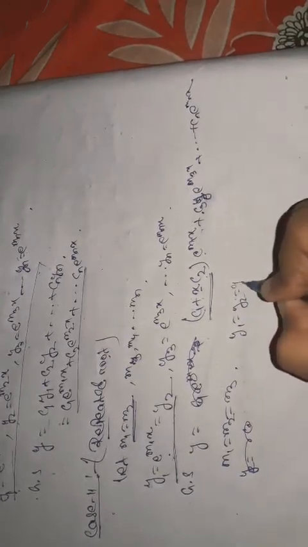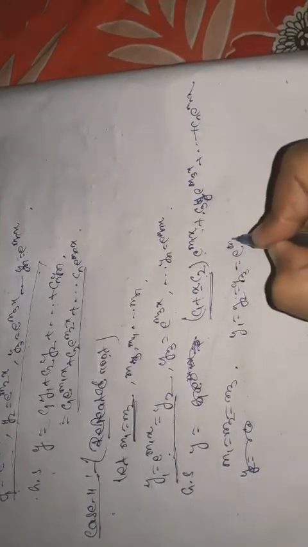If three roots are the same, meaning m1 equals m2 equals m3, then y1 equals y2 equals y3 equals e to the power m1x. So the general solution is y equals c1 plus x c2 plus x square c3, whole times e to the power m1x.